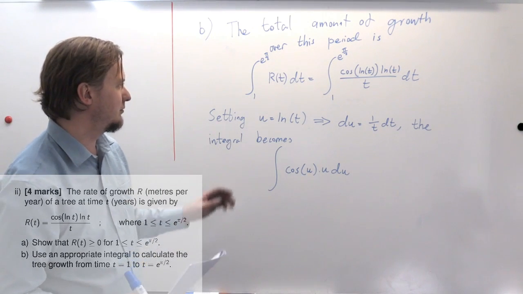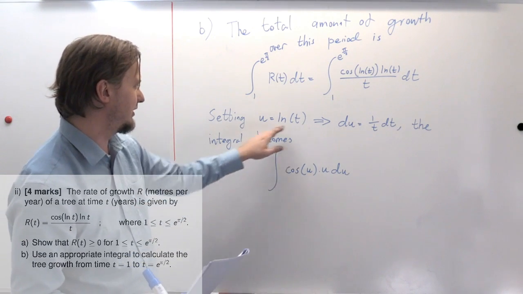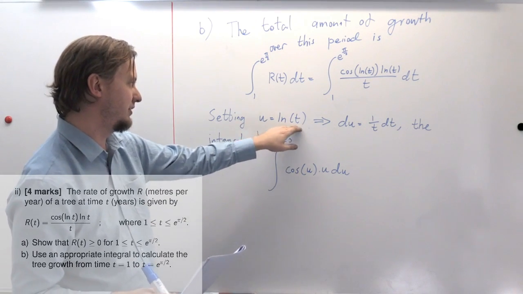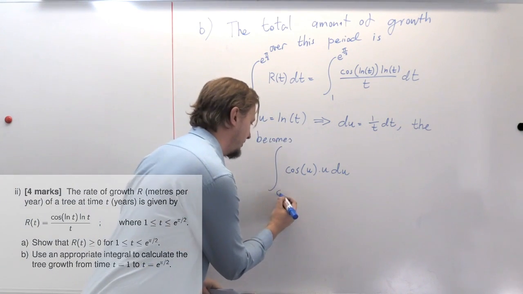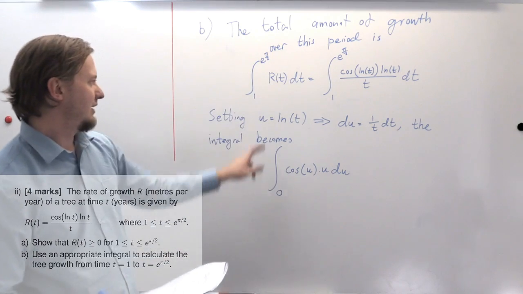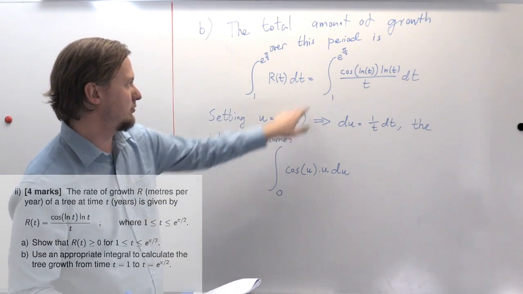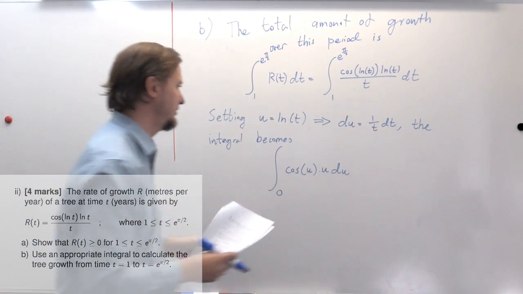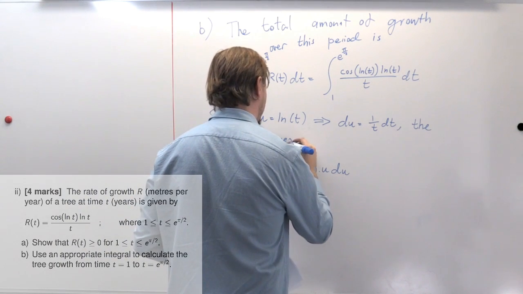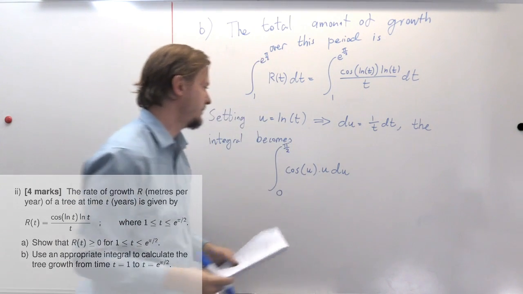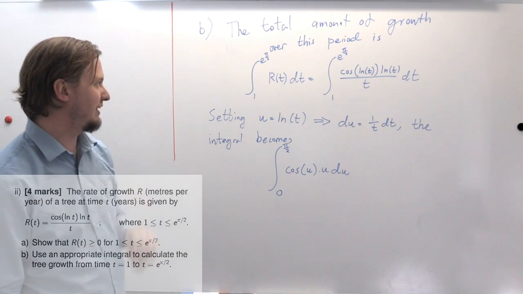And the limits, well, t equal to 1 gives the log of t equal to 0. That's kind of what we saw in part A. And t equal to e to the pi over 2, the upper limit, is just going to become pi over 2. So that's the total growth.